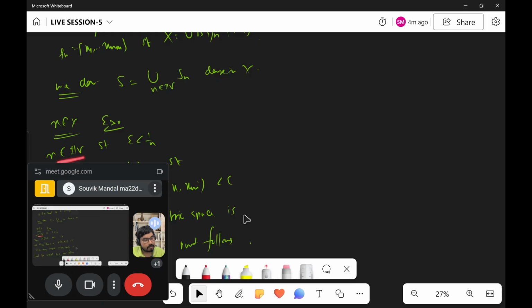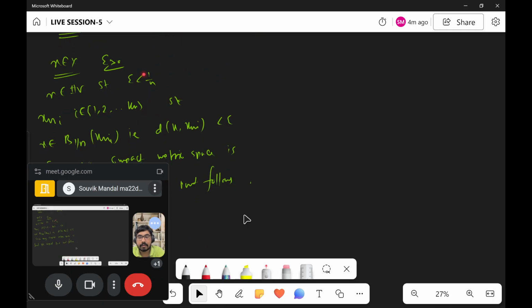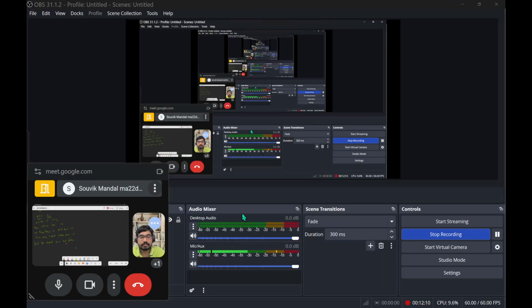Now, since n belongs to N, we are choosing epsilon less than 1/n. Now, choosing x_i, we see that x belongs to B(x_i, 1/n), that is, d(x, x_i) is less than epsilon. Now, since every compact metric space is limit point compact, it is second countable. So the second part follows. Okay. So that is the argument.